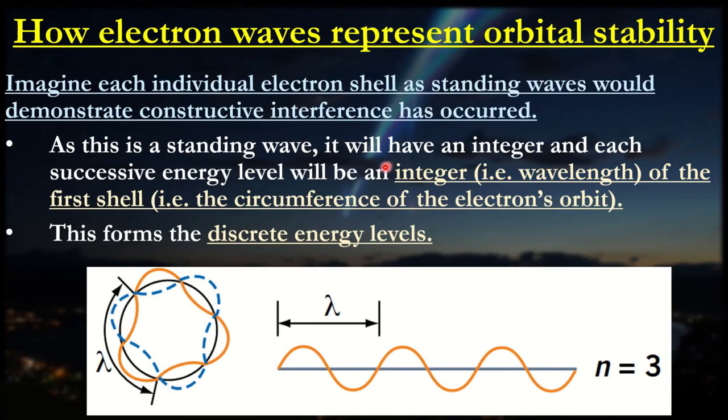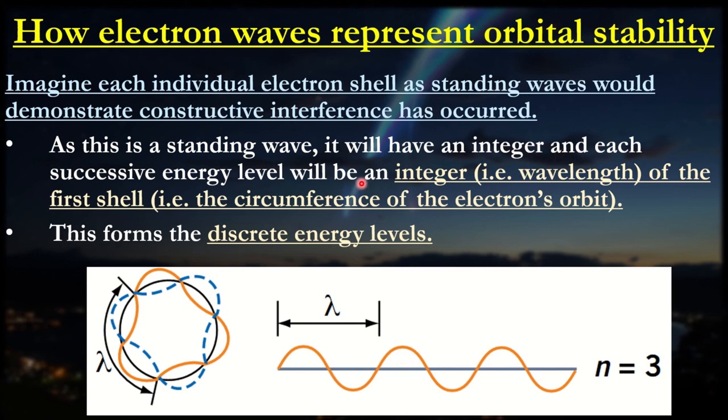Okay, so if you can imagine each individual electron shell as a standing wave, then each electron shell has undergone constructive interference. As we understand, standing waves come in specific integers.